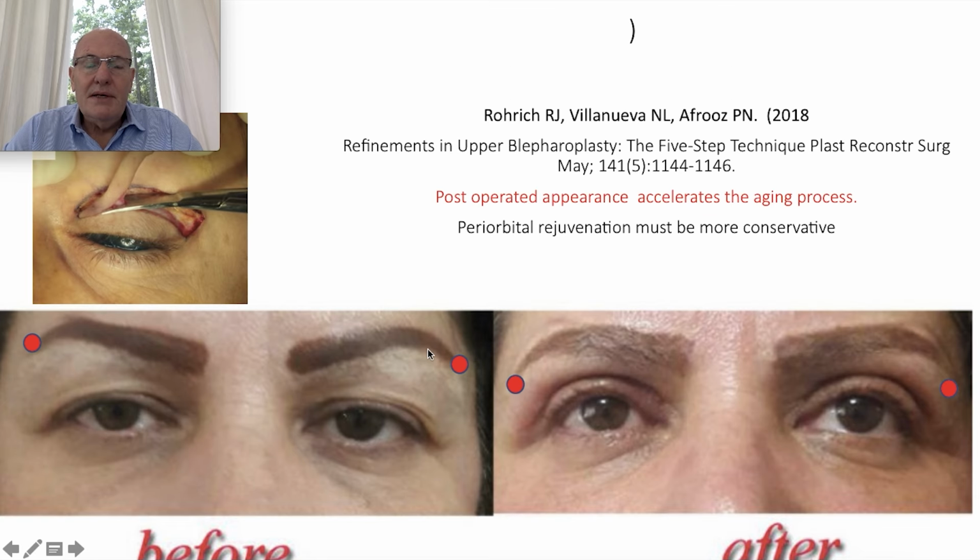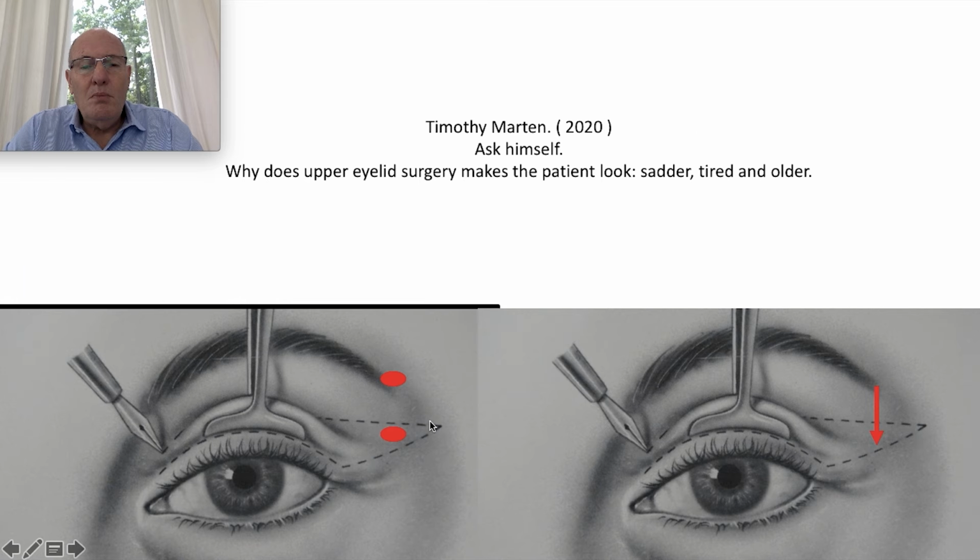Here we can see the position of the tail of the eyebrow before, and you can see after. Conventional blepharoplasty removes more skin where the eyebrow falls more, more ptosis, more resection. It's completely the opposite of what we must do.